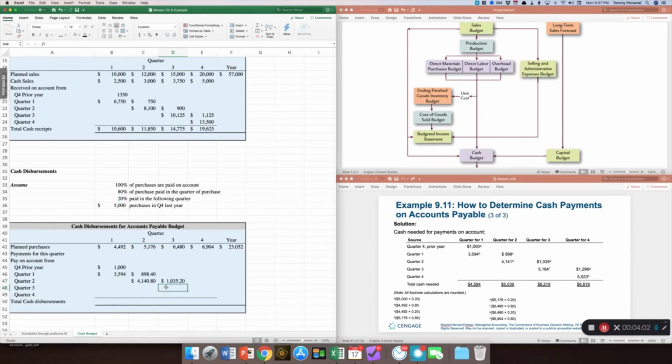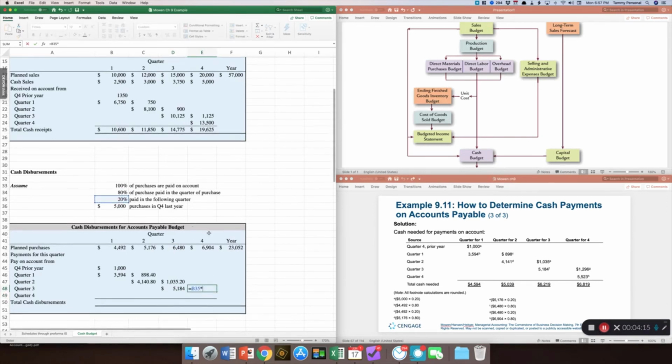In quarter three, we're paying 80% of our purchases during the quarter, and we're going to pay for 20% of them in quarter four, thusly. And then in quarter four, we're going to pay for 80% of what we get in that quarter.